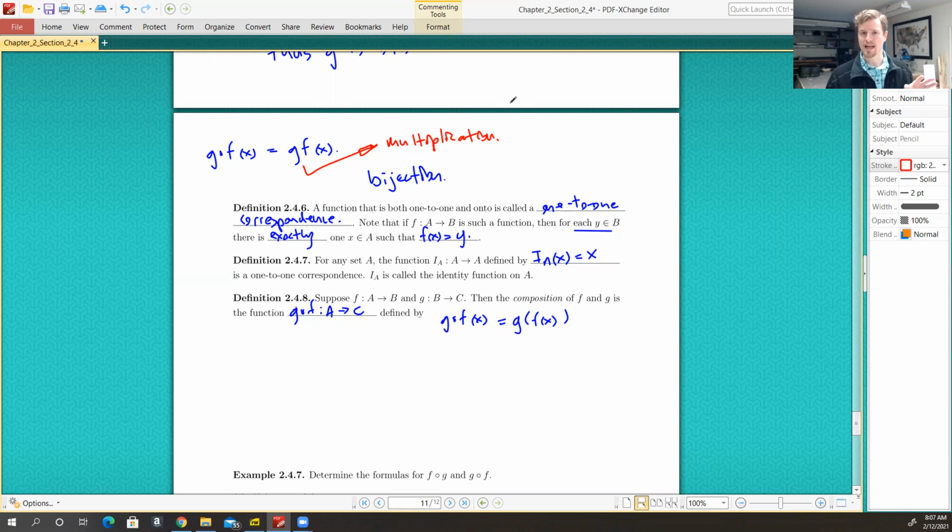So it's ambiguous. Using this composition notation makes it unambiguous. This, for our textbook, is composition. So if you see gf, it is composition. But if you go to a different textbook, it might not be. So our notes will use this. The textbook will use that. Make sure you understand that they're the same and that this is slightly ambiguous.